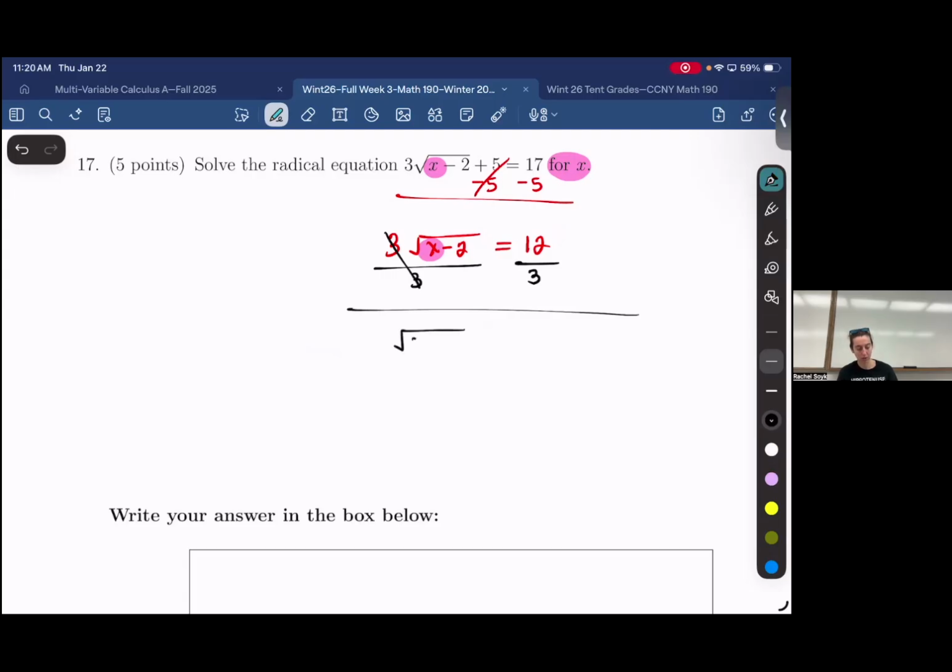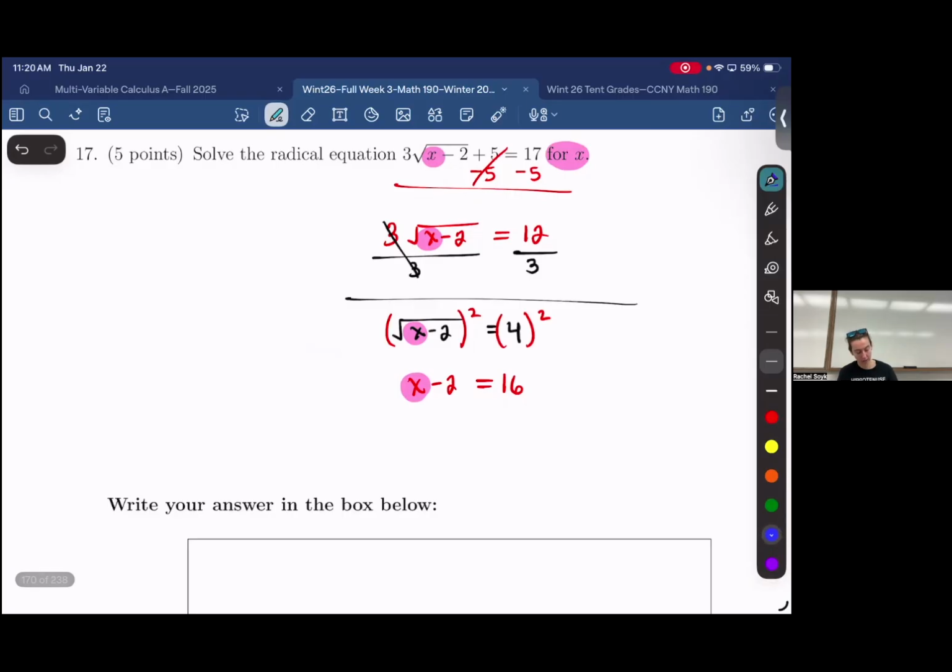So we get the square root of x minus 2 is equal to 4. And in order to get rid of that square root on that left-hand side, we're going to square both sides. And so now we just have x minus 2 is equal to 16. And then last but not least, to get x all alone, let's add 2 to both sides. So our final solution is just x is equal to 18. And we're done.